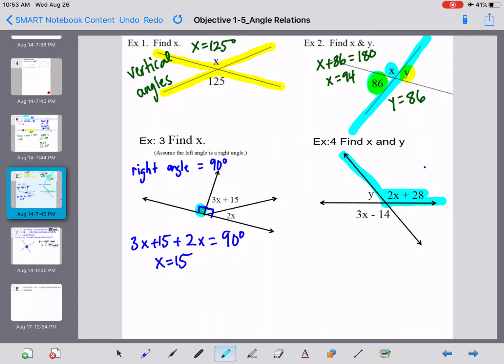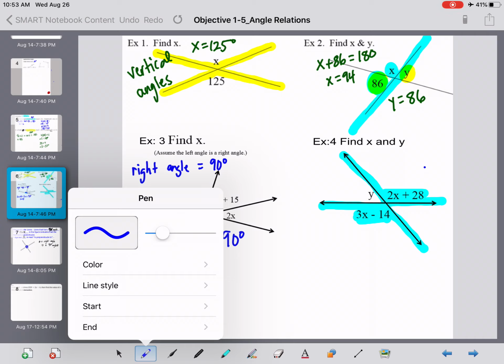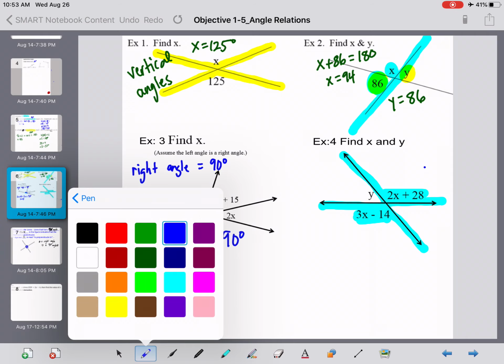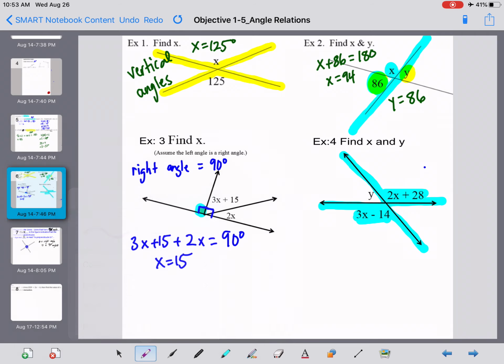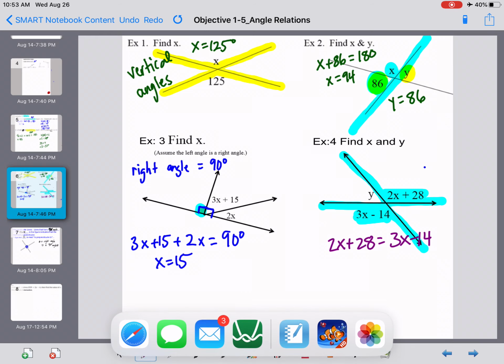This is a vertical angle with this one down here. See that? Vertical angles are what to each other? Oh, let's go with purple. Right, they're equal to each other. So if two things are equal to each other, what do? We will say 2x plus 28 equals 3x minus 14.